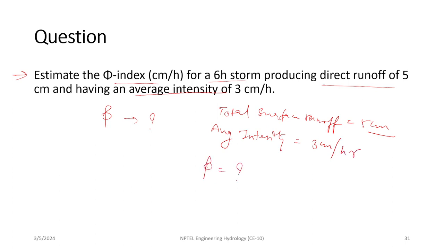Now what do we want to compute? We want to compute phi. How can we do this? If we have average rainfall intensity, in general what do we understand by phi index?